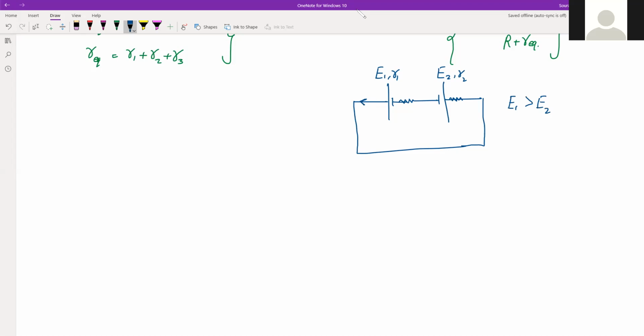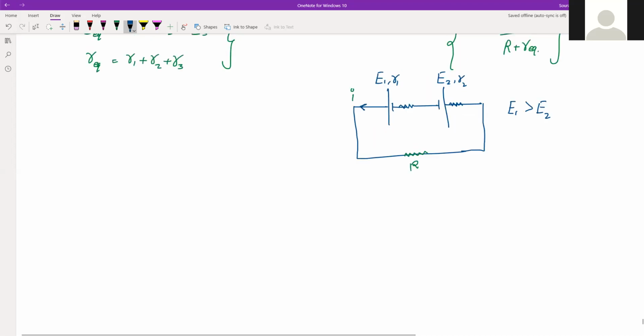The current direction will be decided by whichever cell has the higher potential. So the current will flow in this direction. Suppose there is an external resistance R here. Now the equivalent EMF, E equivalent, will not be E1 plus E2, but E1 minus E2, because they are opposing each other.